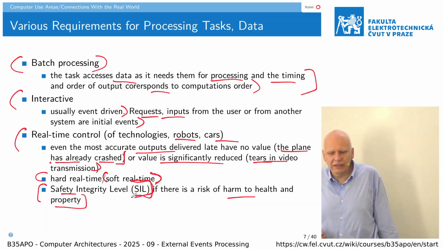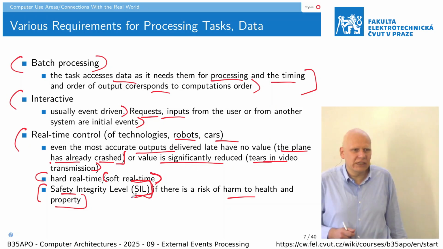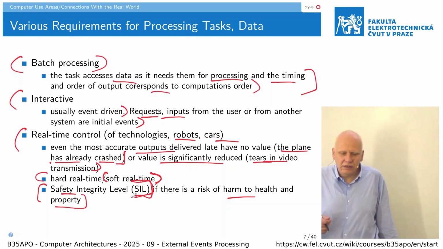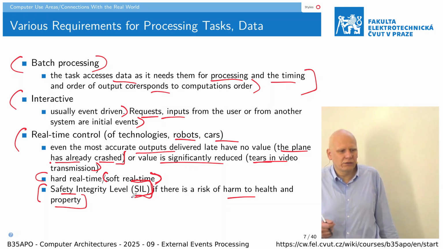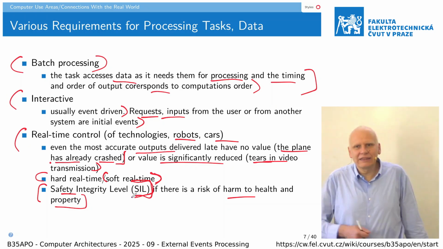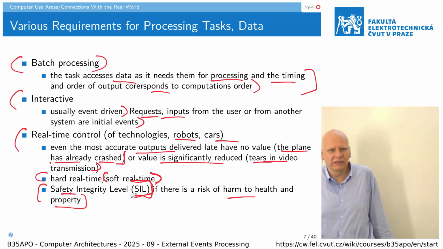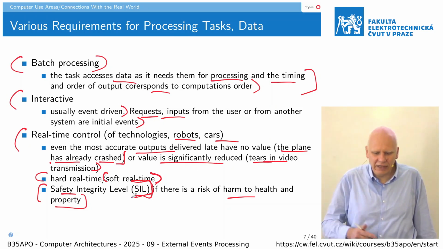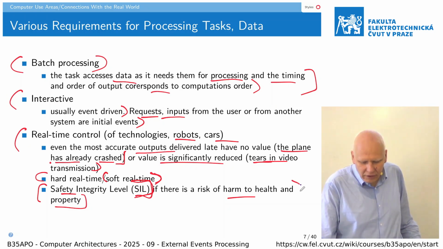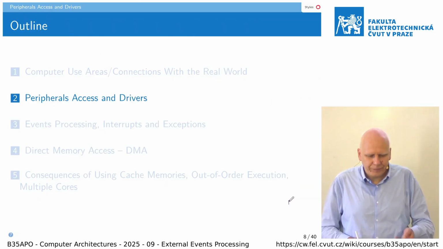But you can require, and it is required for such a system, that the probability of the disaster or some harm is, for example, once per 10,000 years or something like that. So really such systems are designed with this level of care.